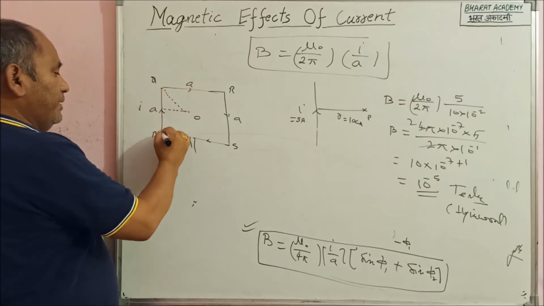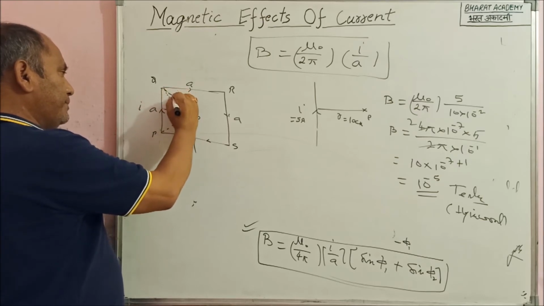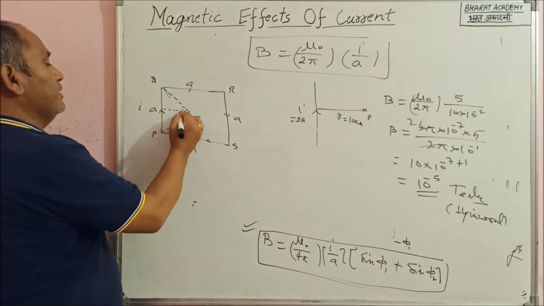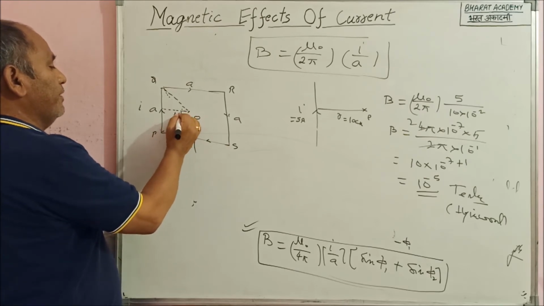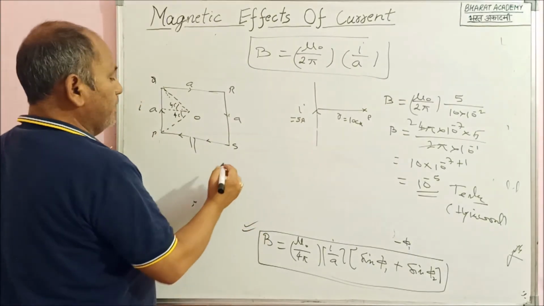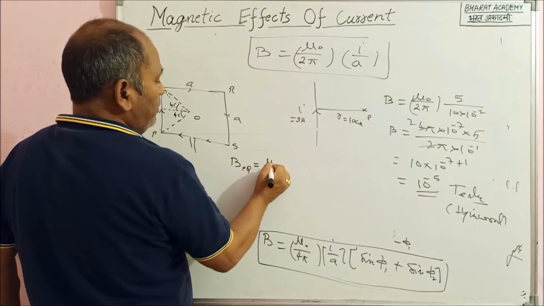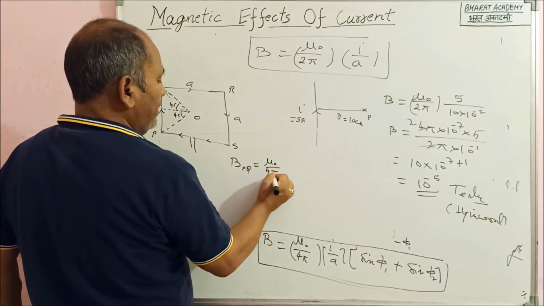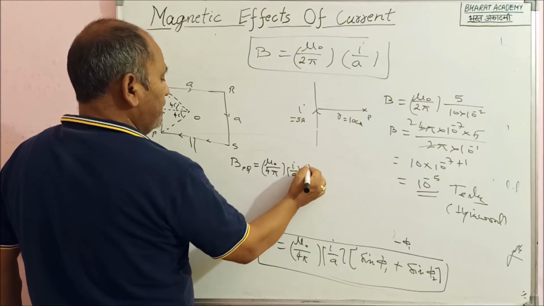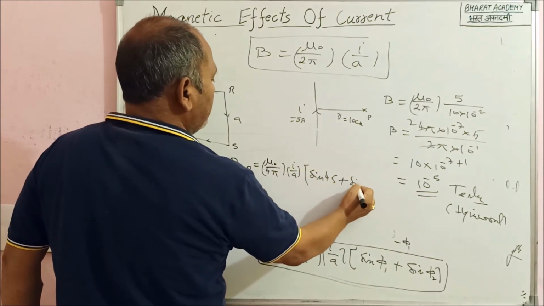Remember, since it is a square, this angle comes out to be 45 degree. This is also 45 degree. So this formula will be applicable here. B PQ will be mu 0 by 4 pi I by A into sin 45 plus sin 45.